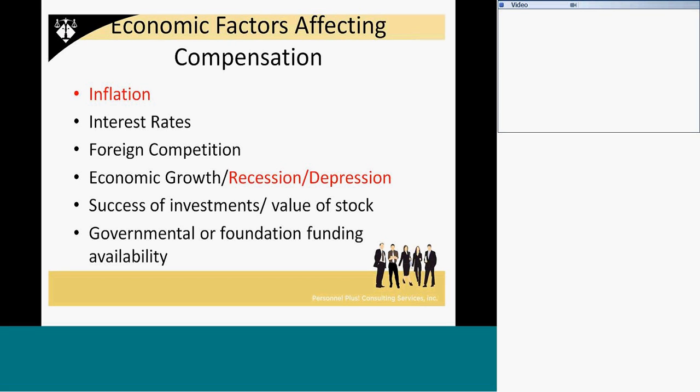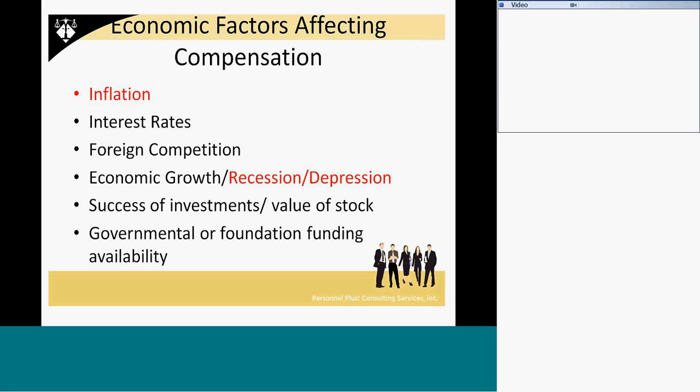Economic growth, or alternatively recession or depression. The term recession defines situations where the growth is impeded, but there still is growth. So, for example, normally in the United States, we see anywhere from 2 to 5% annual economic growth.